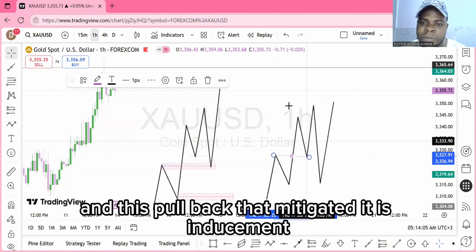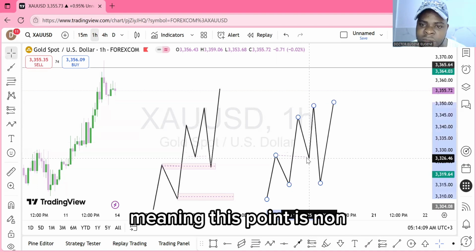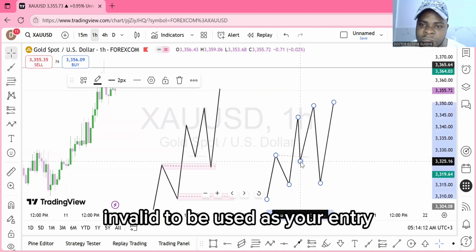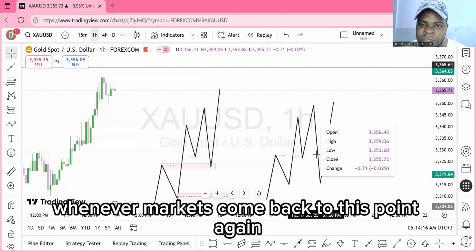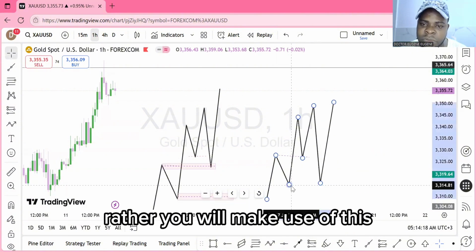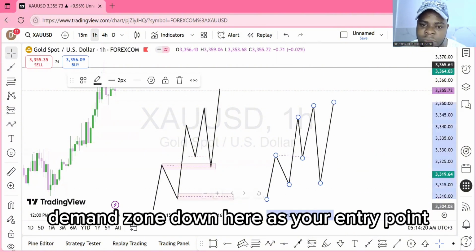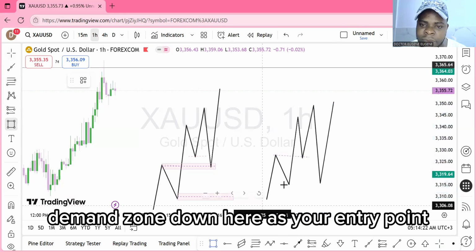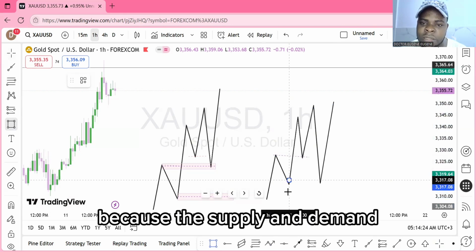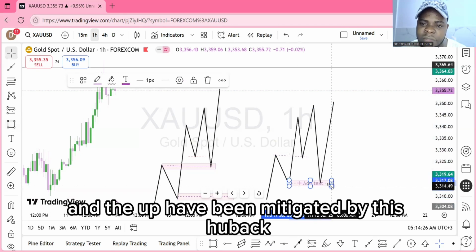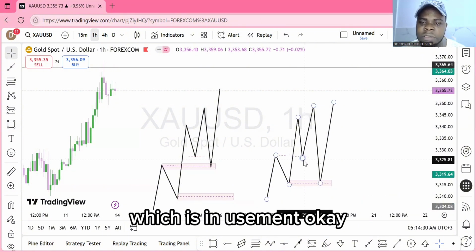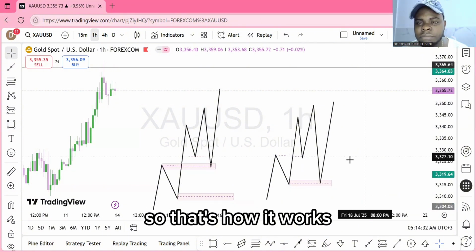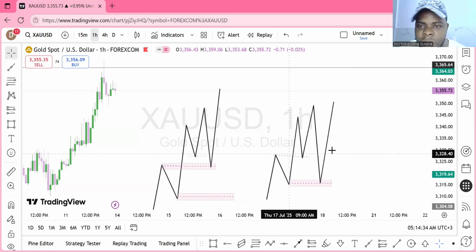And this pullback that mitigated it is inducement, meaning this point is now invalid to be used as your entry whenever the market comes back to this point again. Rather, you will make use of this demand zone down here as your entry point, because the supply demand above has been mitigated by this pullback, which is inducement. Okay, so that's how it works.